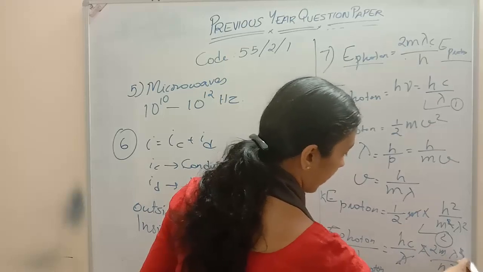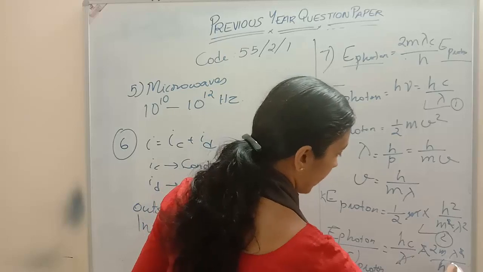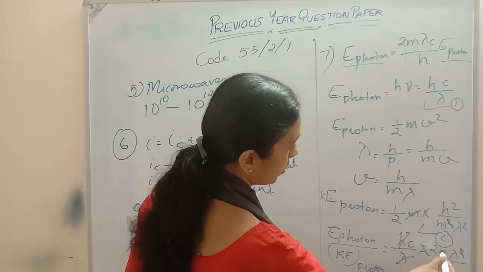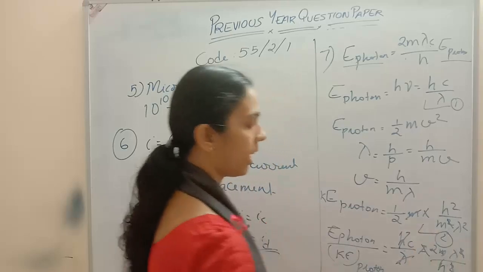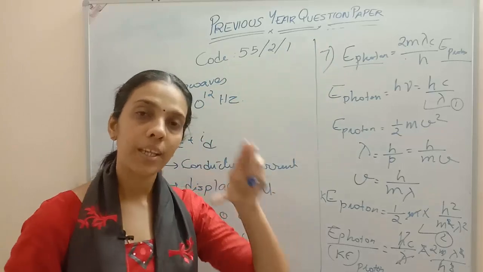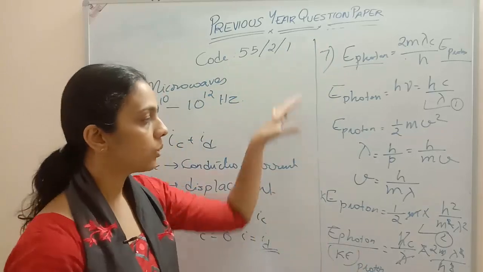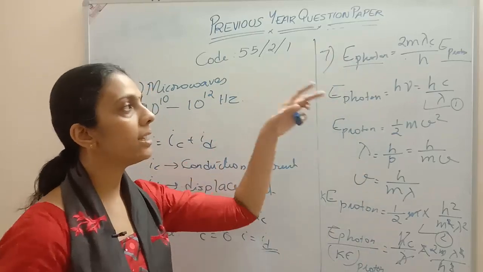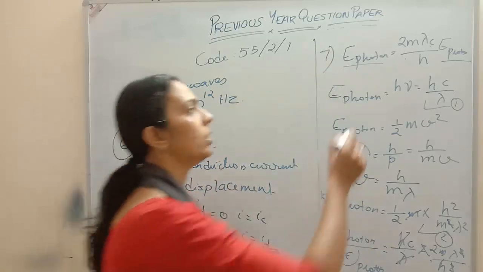One lambda gets cancelled, and one h and one h get cancelled. So we get 2mc lambda by h. Using the equations we know, we derived everything. You should find out how to correlate these two equations.